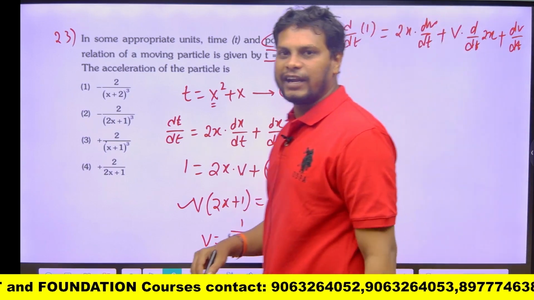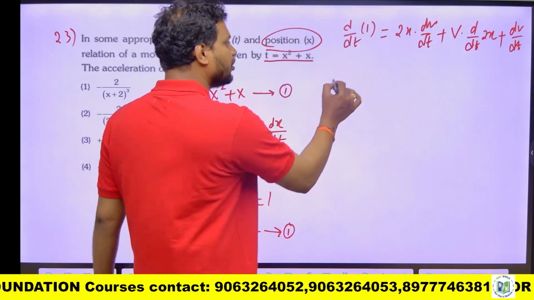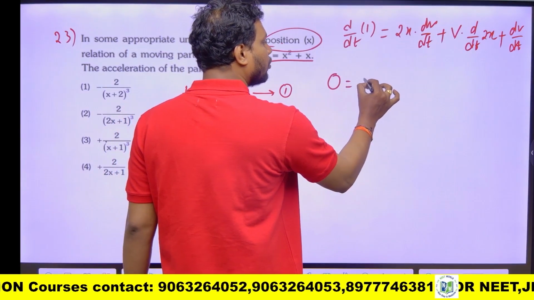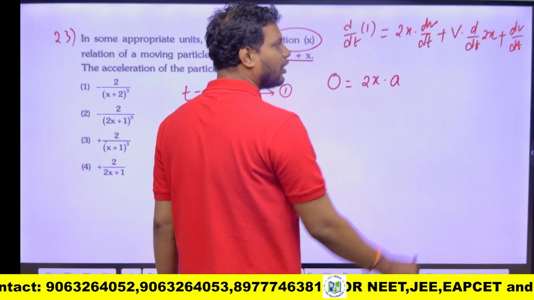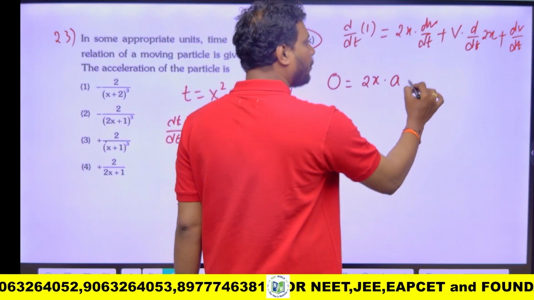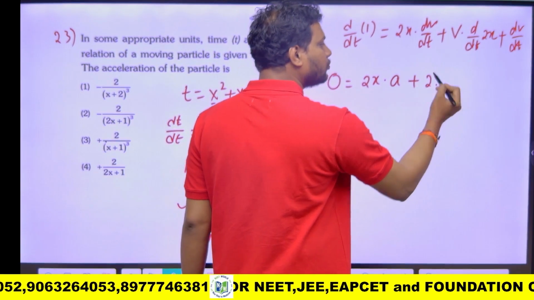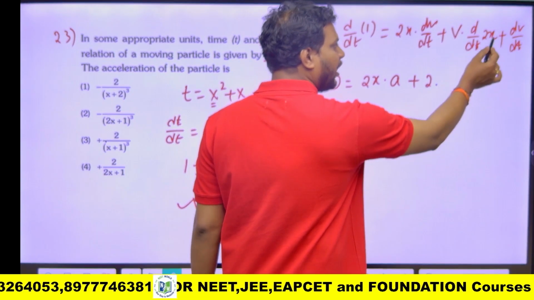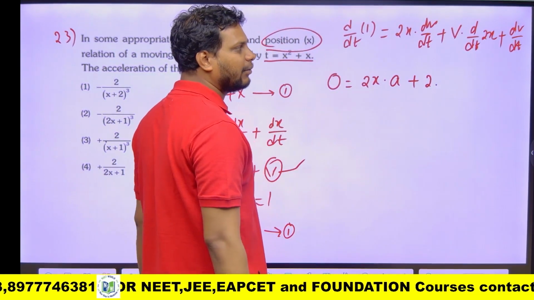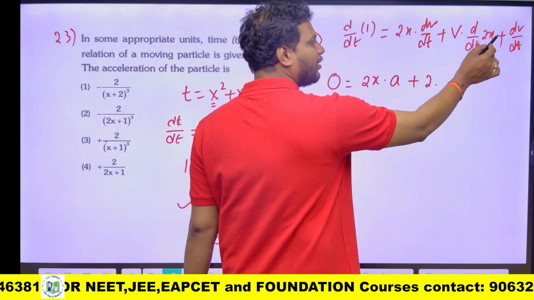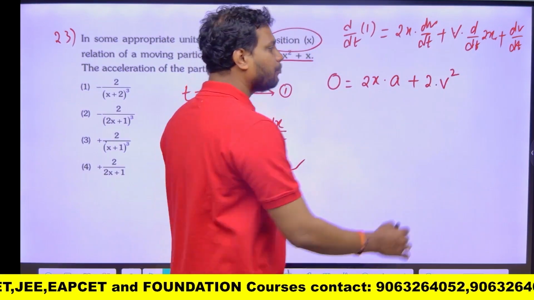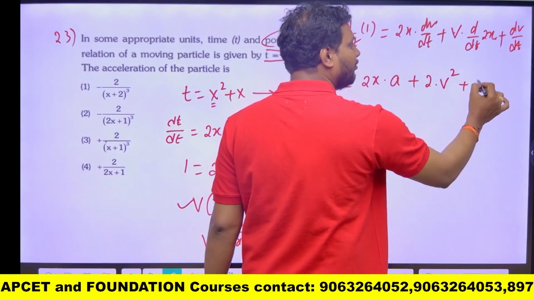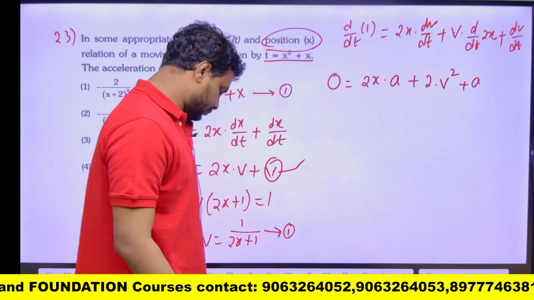So d by dt of 1, where 1 is a constant, is taken as 0, which is equal to 2x into dv by dt, where the rate of change of velocity is acceleration, plus 2 into d by dx of t, which is nothing but d by dt of x, that is velocity, then velocity into, again here velocity is there, which is equal to v square, plus dv by dt, which is nothing but acceleration.